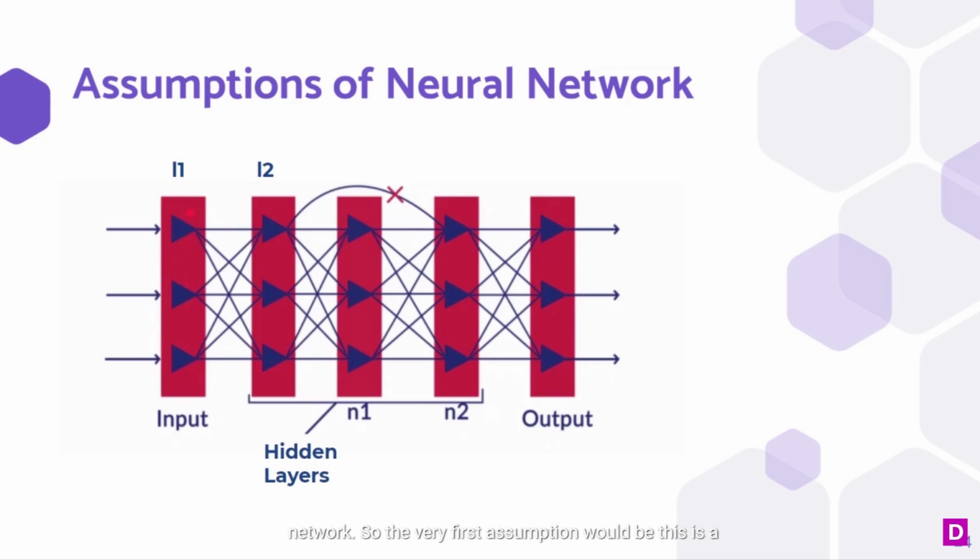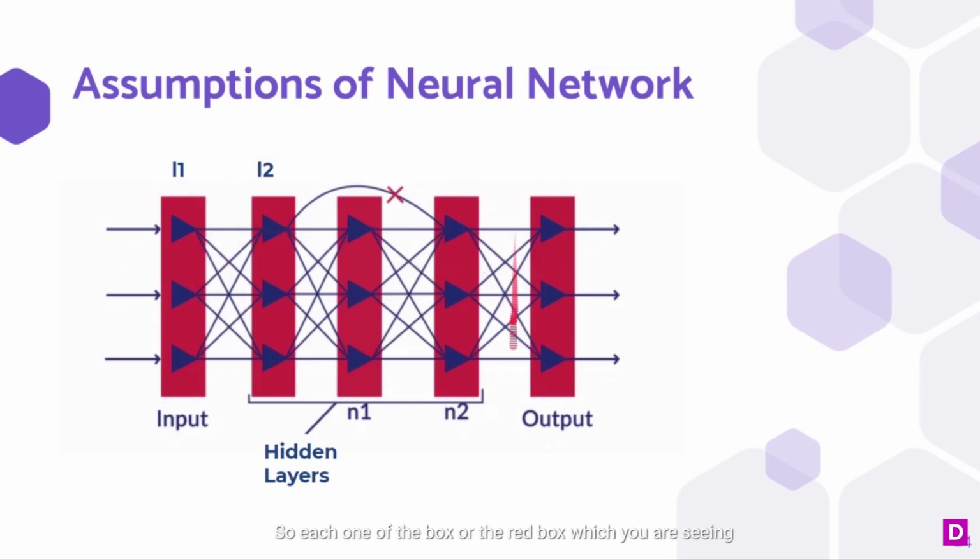So the very first assumption would be this is a neural network. This is how a neural network actually looks. Every neural network, say any complex neural network, can have the neurons arranged in layers.